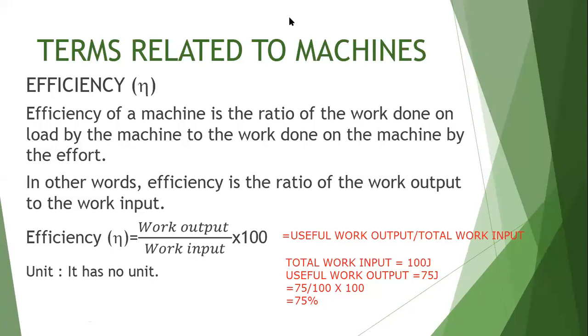It's very important to know how efficient a machine is. The machine which is more efficient is more productive because it is converting more of the given input energy to the output. Okay.